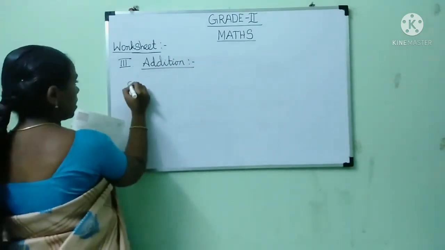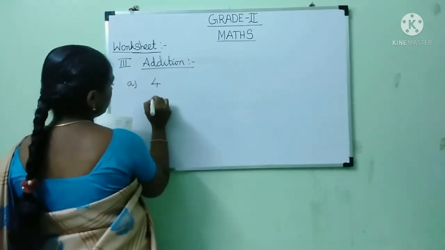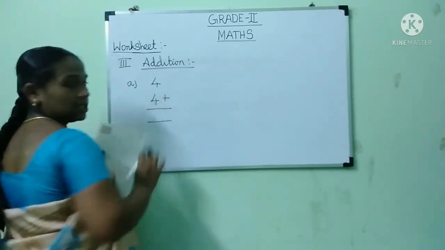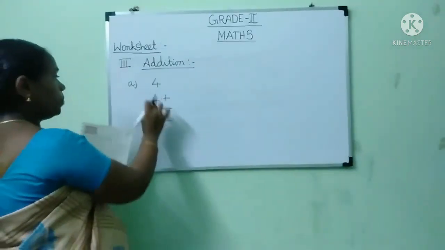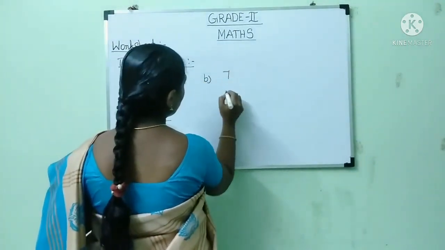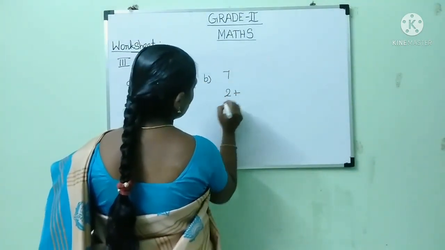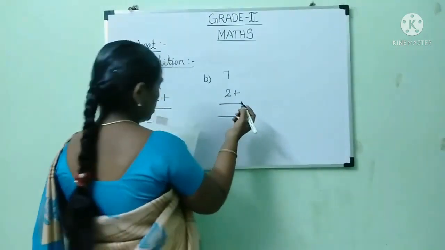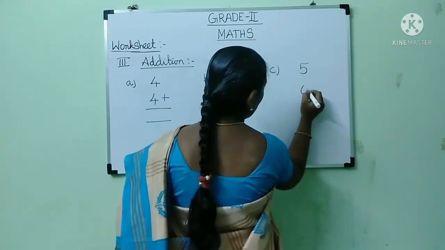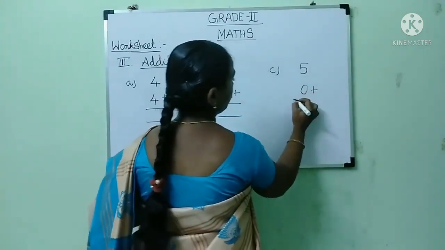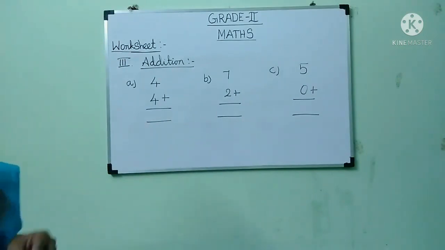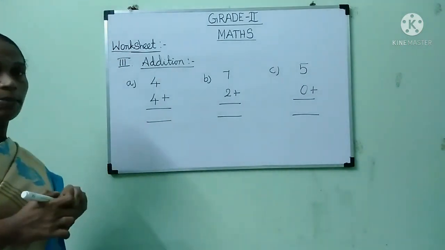The first sum, 4 plus, what is the symbol? Plus symbol. 4 plus 4. B, sum 7 plus 2. Next, C, sum 5 plus 0. Are you clear, children? All the sums are single digit numbers only.